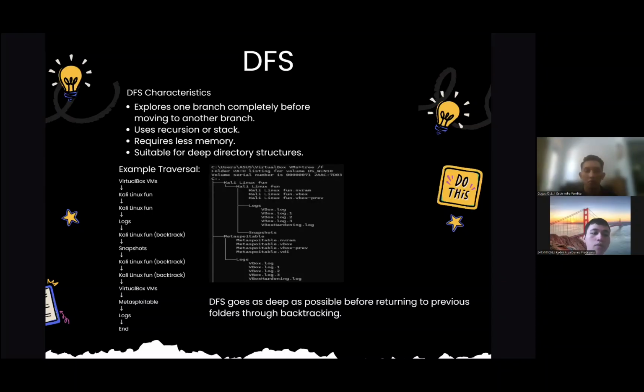For example, from VirtualBox VMs, it will go to Kali Linux Fund. It will go to Kali Linux Fund logs. Kali Linux Fund will backtrack to the top folder, then snapshots. Kali Linux Fund backtracks, until VirtualBox VMs, the root node. After that, it will traverse the Metasploit table, logs, and so on.